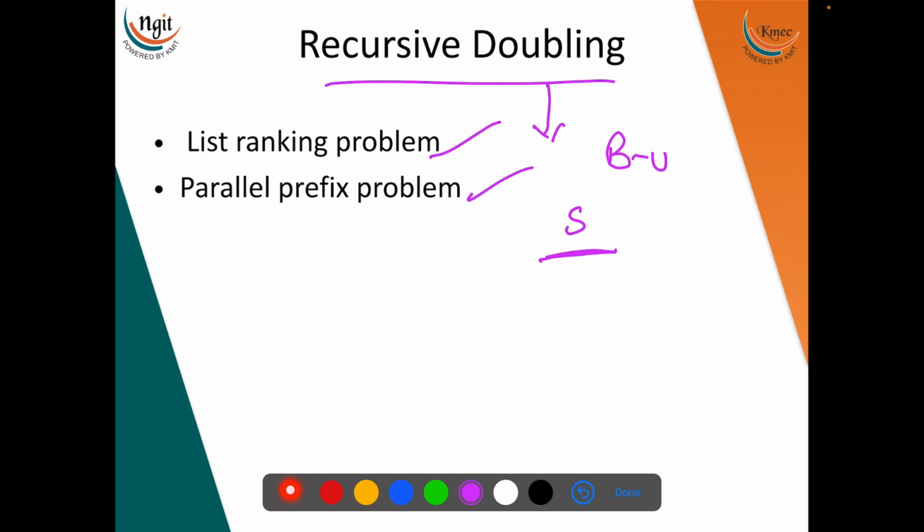The first is the list ranking problem: given a linked list represented as an array of pointers resident in memory, compute the distance from the tail for each element in the list. The main idea is to assign a processor to each element in the list, and at each time step set each element's pointer to the pointer of its successor.